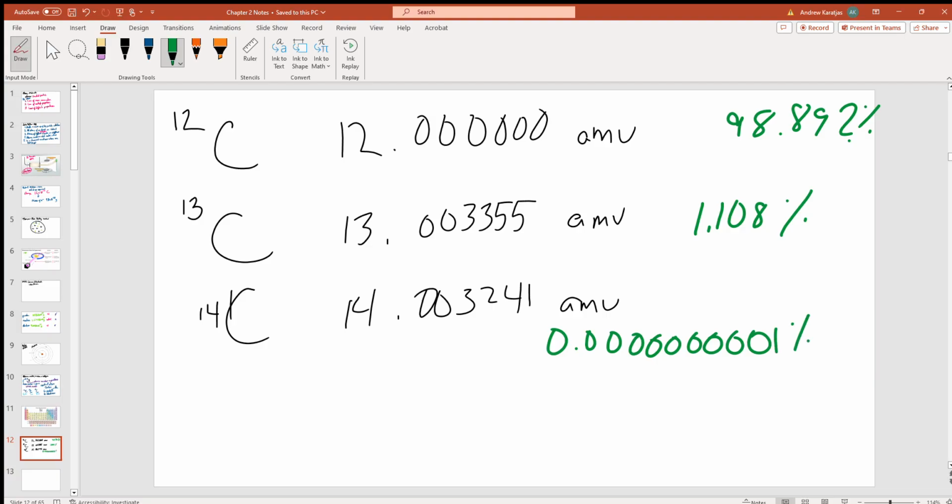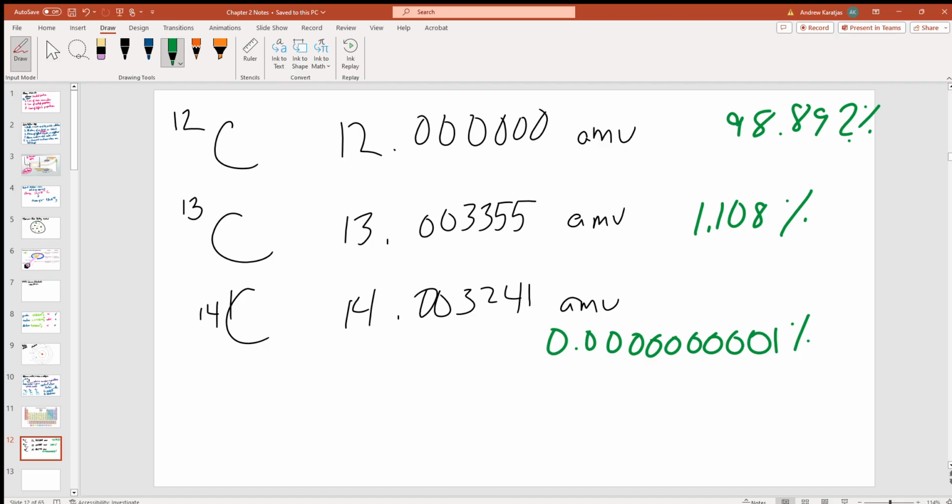And carbon-14, you can see, is a very, very small number. Carbon-14 is actually not a stable isotope of carbon, and over time will decay into other elements. And that's actually what we use carbon dating for.